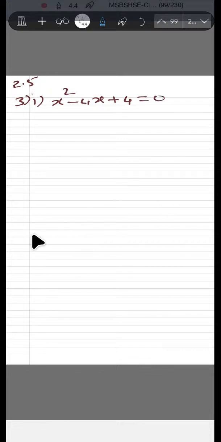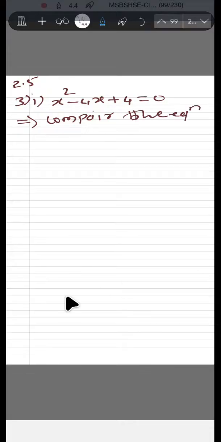Okay, very first thing, compare the equation with ax square plus bx plus c is equal to 0. If you write this step, you will get at least 1 mark.